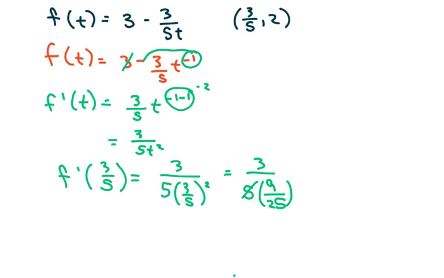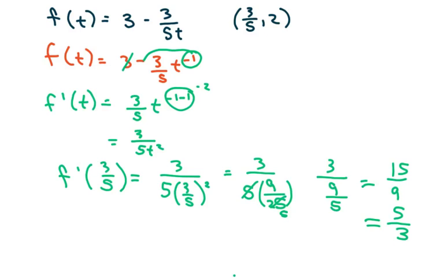That goes into 5 times, so you get 3 over 9/5, which equals 15 over 9, which reduces to 5 over 3.